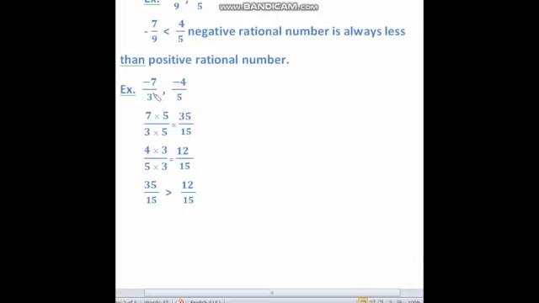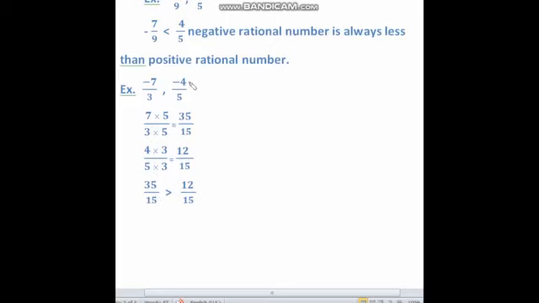Indirectly, I would like to tell you that in this case we considered both the rational numbers as positive, and by this way we reached the comparison, and now we have come to the conclusion that 35 upon 15, which is equivalent to positive 7 upon 3, is greater than 12 upon 15, meaning positive 4 upon 5.